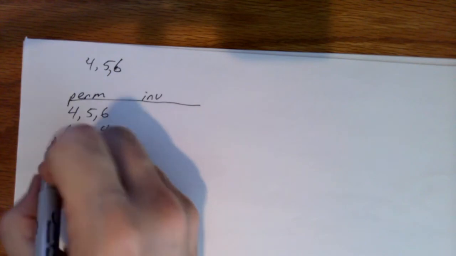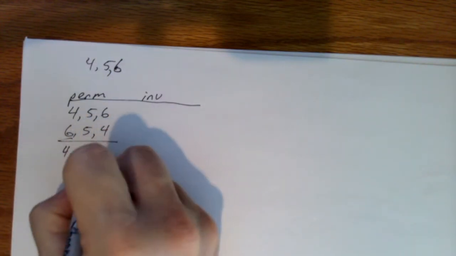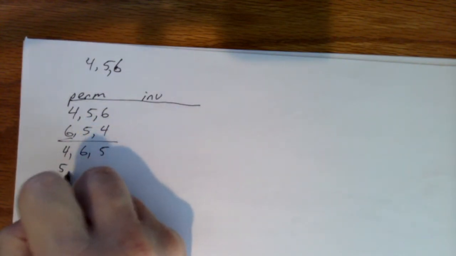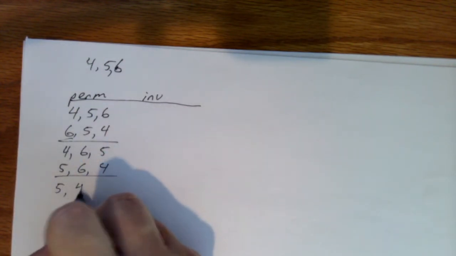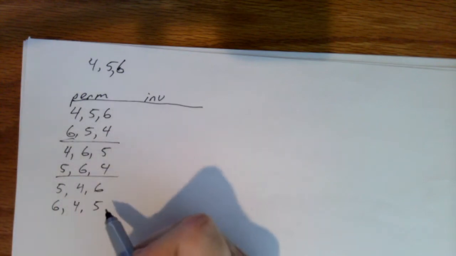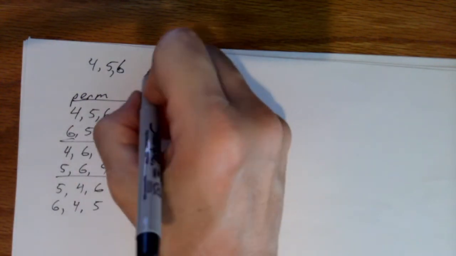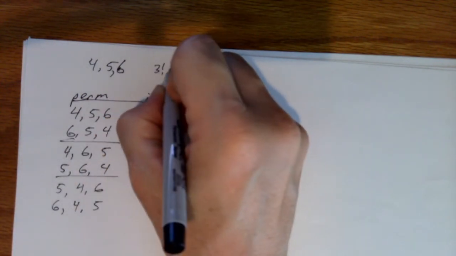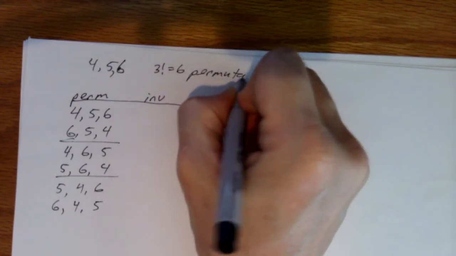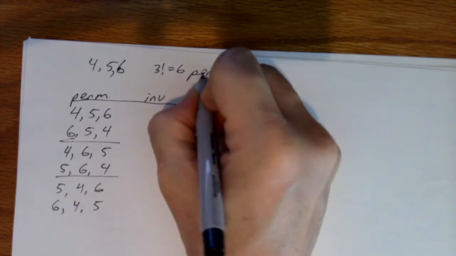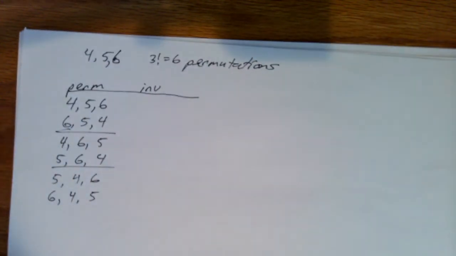Another permutation will be 4, 6, 5, and the reverse of that would be 5, 6, 4. And then another permutation would be 5, 4, 6, and the reverse of that is 6, 4, 5. So are these all the possibilities? Yes. So we have 3 factorial equals 6 permutations, and these are the 6 permutations.